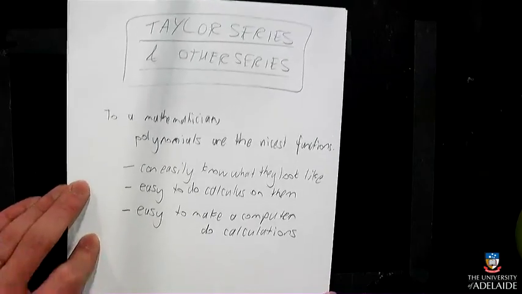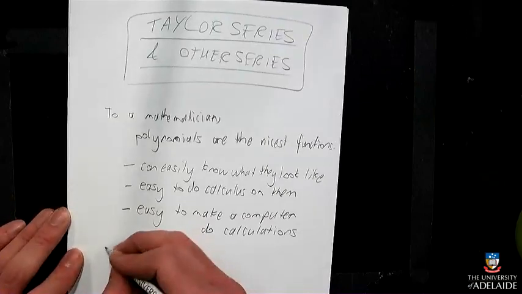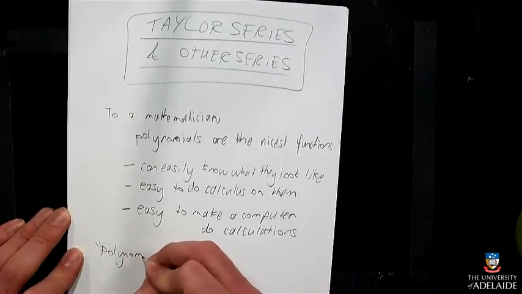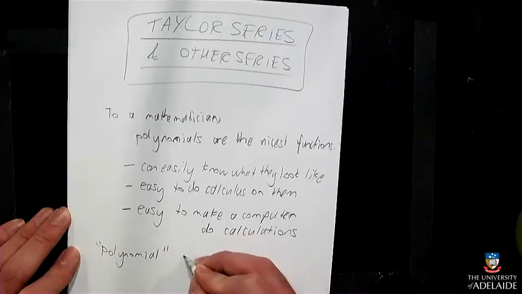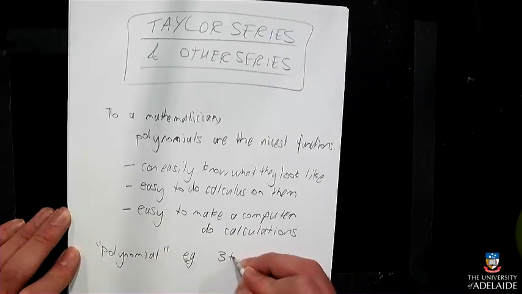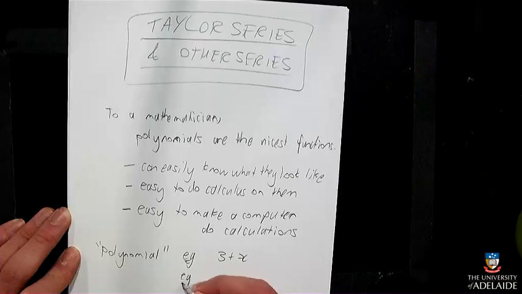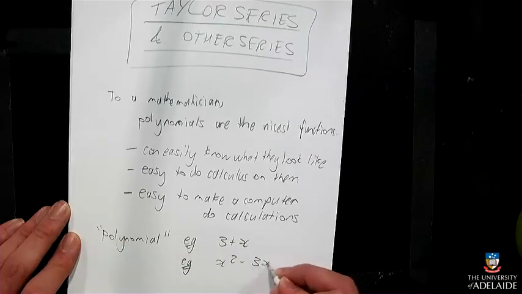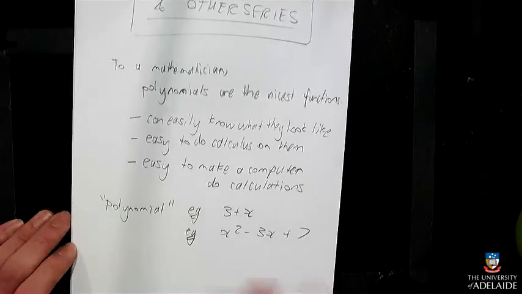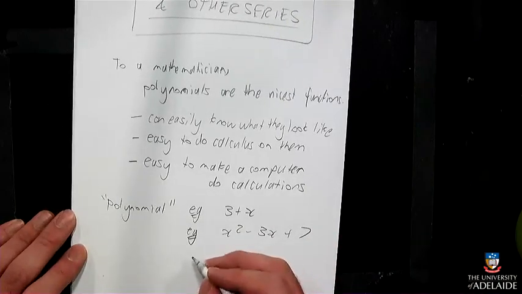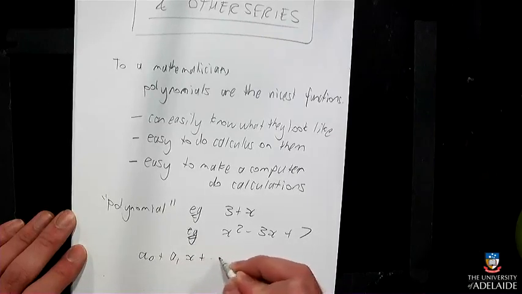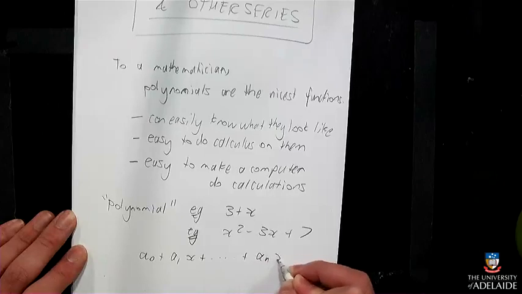Just make sure that you know what I mean by a polynomial. That means something like 3 plus x, or, for example, x squared minus 3x plus 7, or anything like that. a naught plus a1x plus all the way up to an x to the power of n.